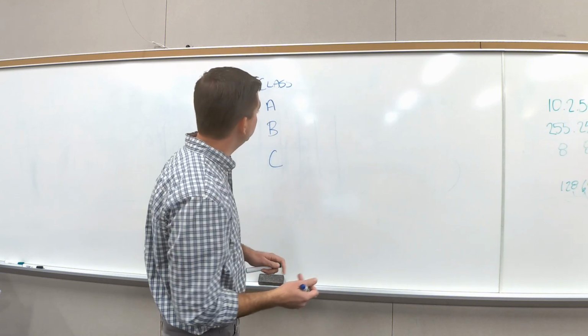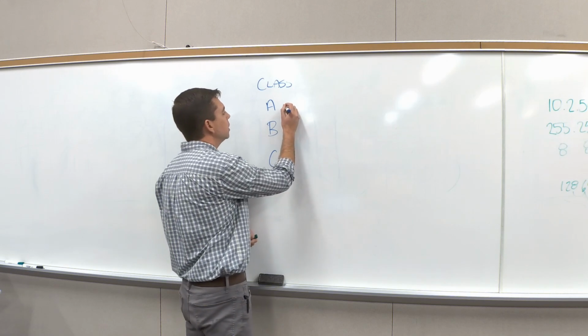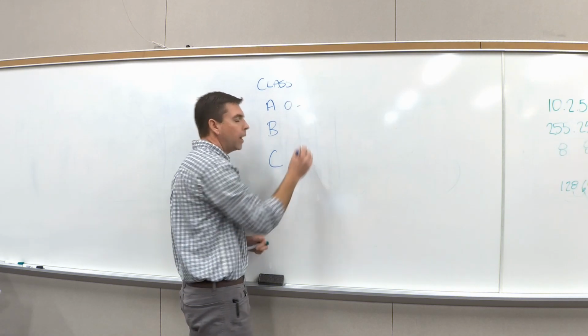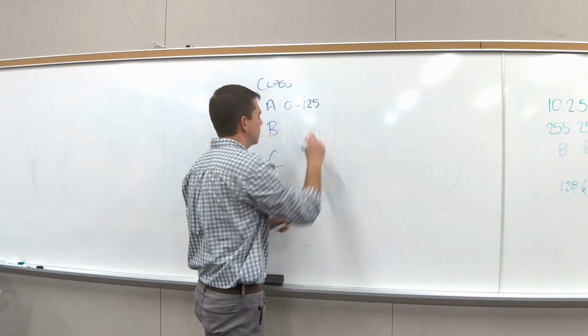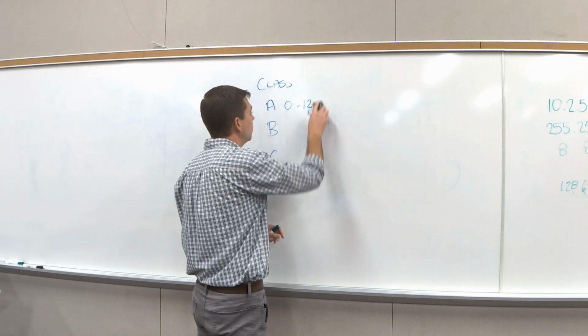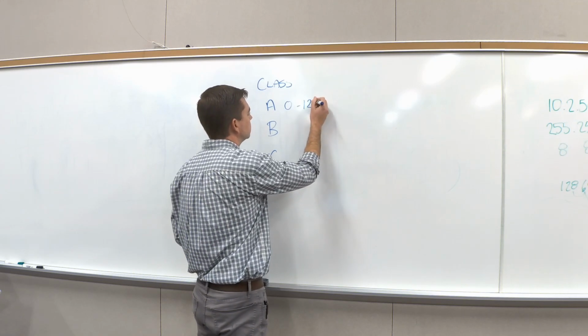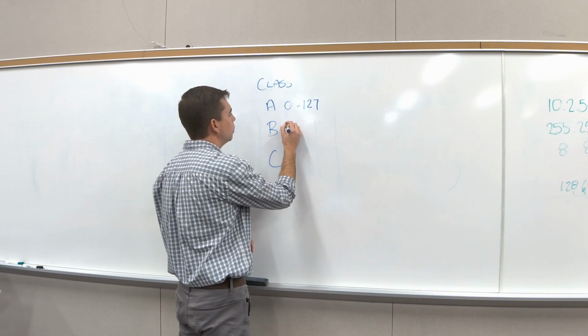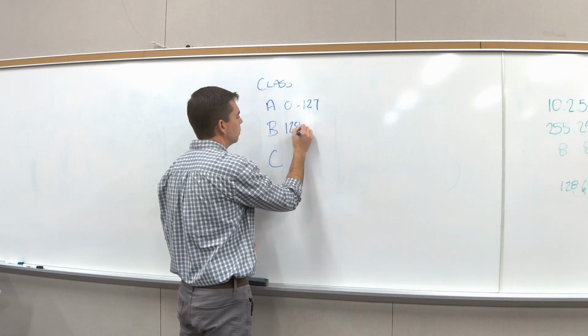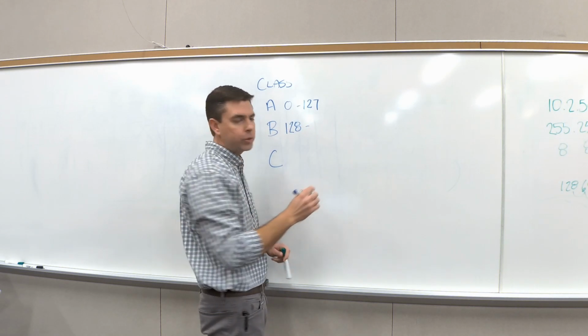So with IPv4, class A starts technically at 0 and goes up to 127. Then you have your class B, which goes from 128 all the way up to 191.